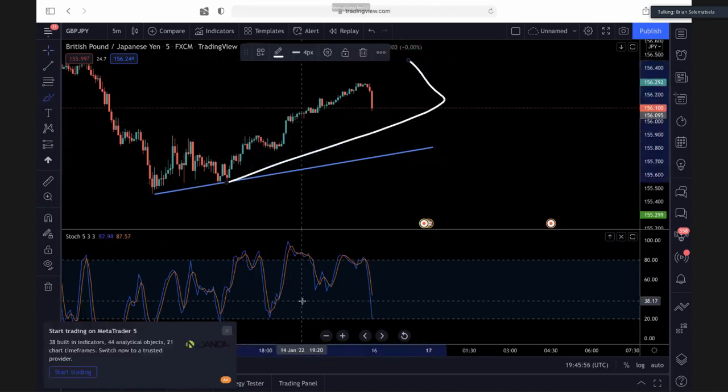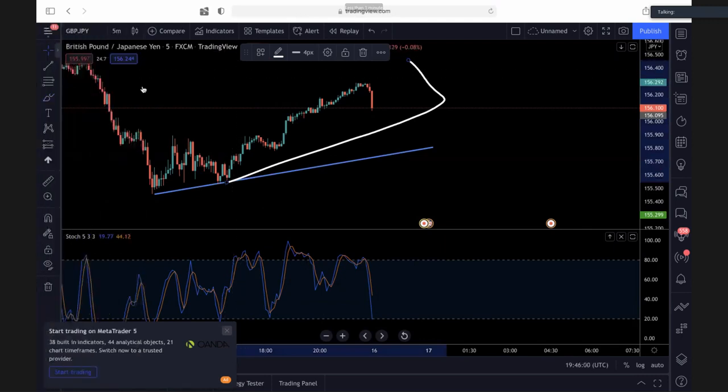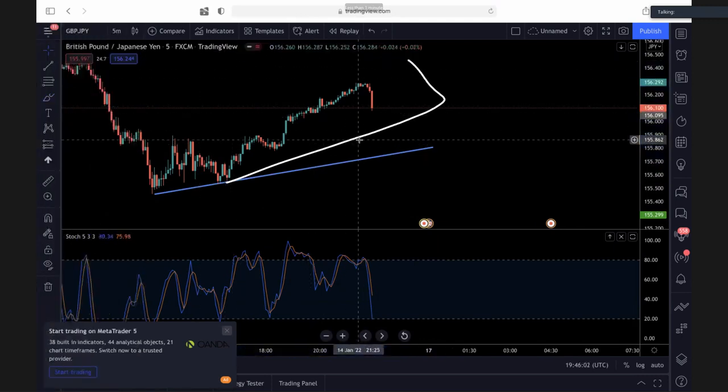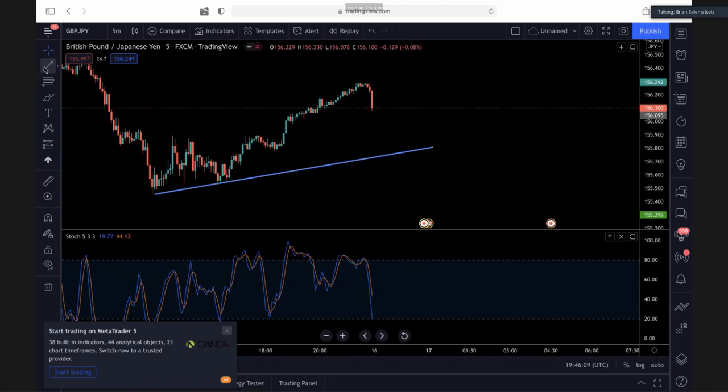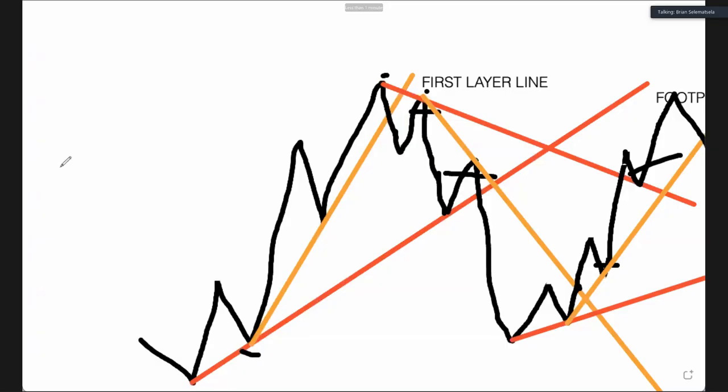Oh my God. So yeah, you guys can see from there what we're waiting for. So it is very much clear.